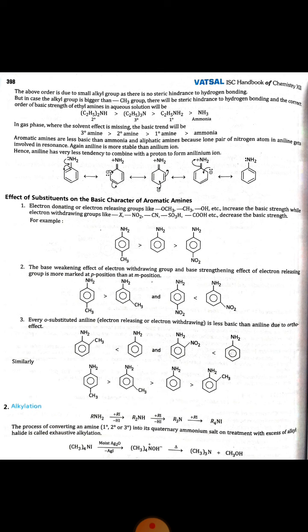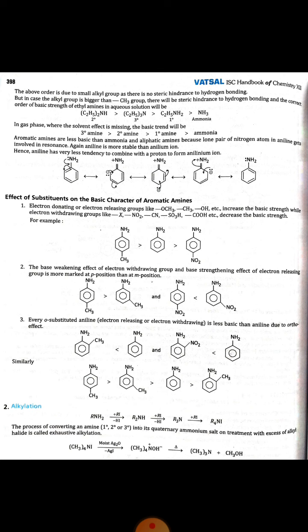Next is the effect of substituents on the basic character of aromatic amines. If we attach a withdrawing group or a donating group to the aromatic amine, then the basic strength will be in the order shown in the figure.